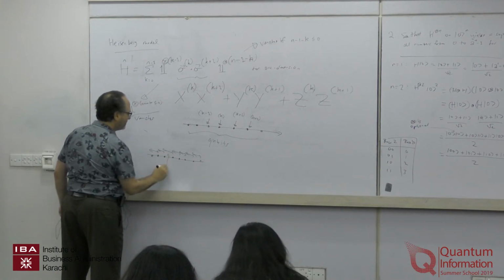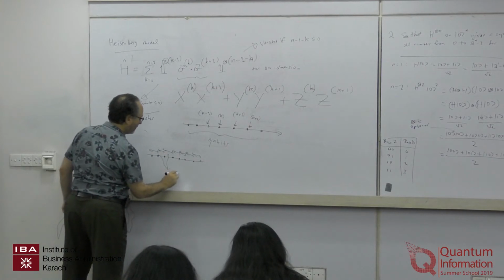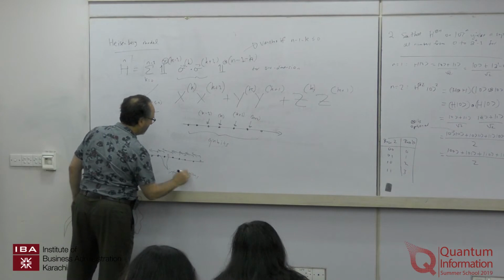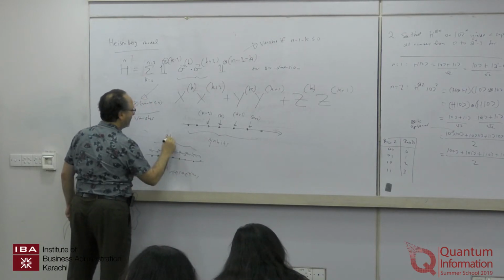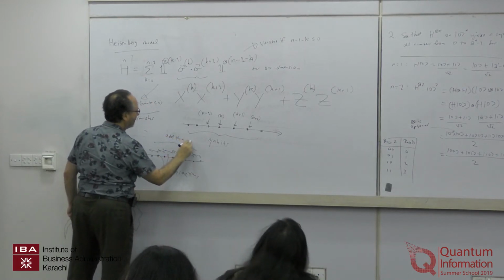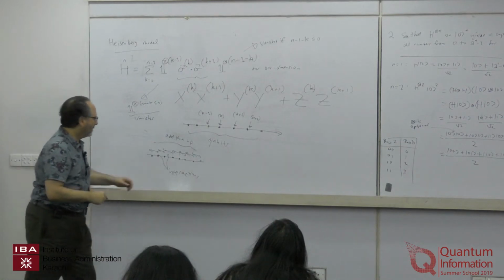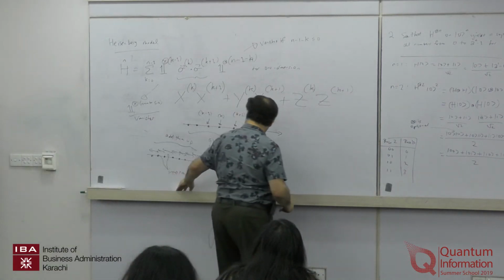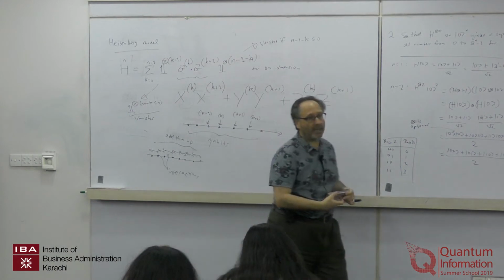So these are interactions. And then we add them up. That's the concept. So let's go through to understand x k plus 1.